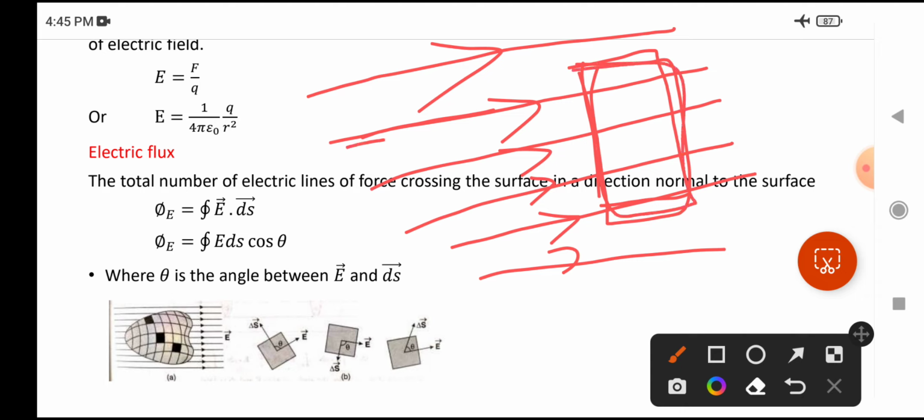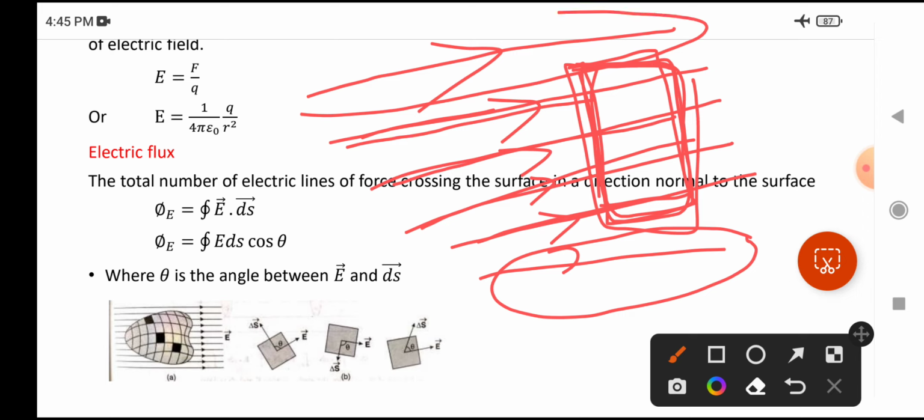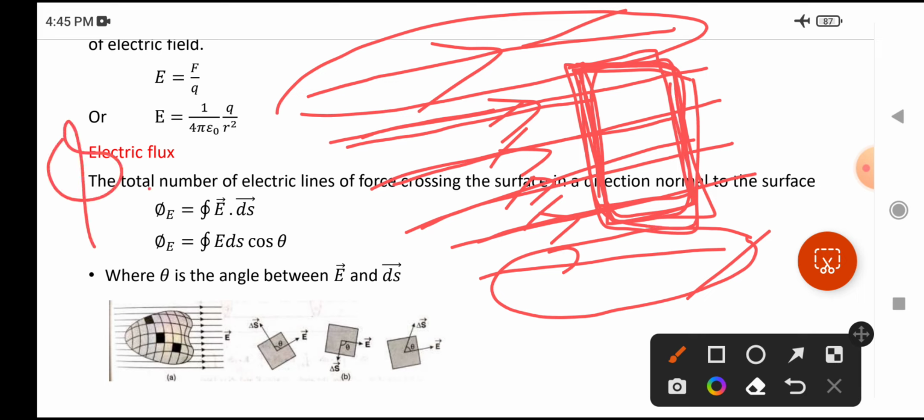Then how many lines are passing through this surface perpendicularly is called electric flux. So we cannot include this line and this line, because these two lines are not passing through the surface. Only how many lines? 1, 2, 3, 4, only 4 lines are passing. So electric flux phi is equal to 4 Weber.